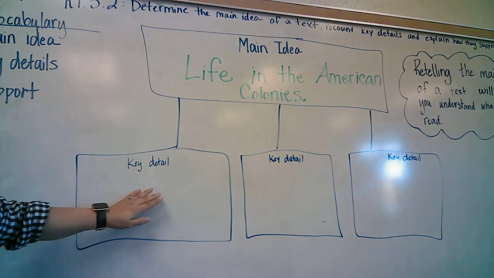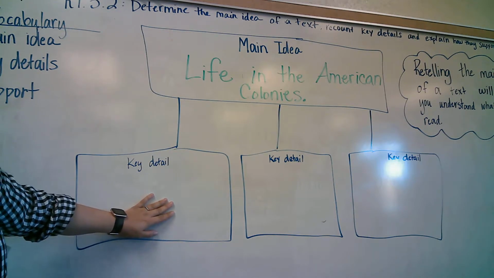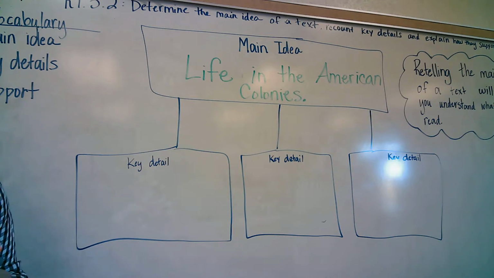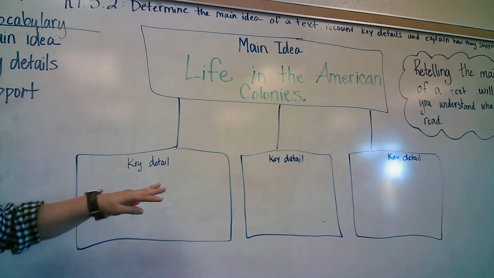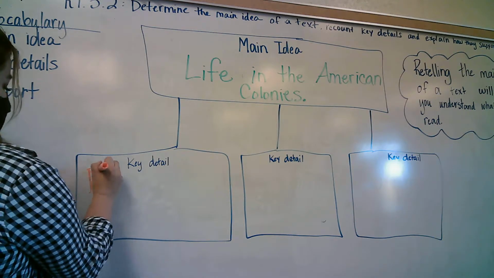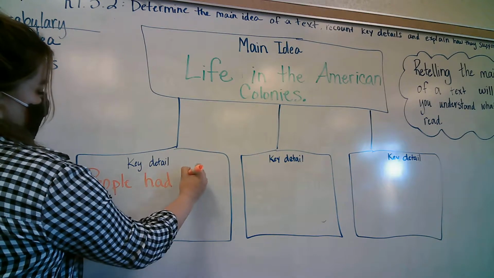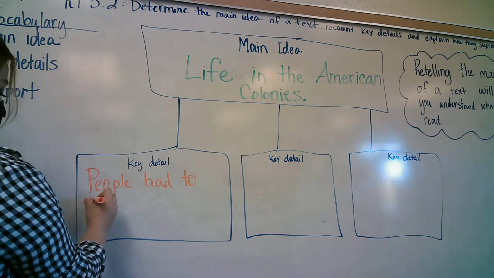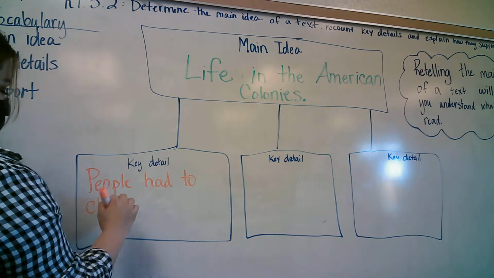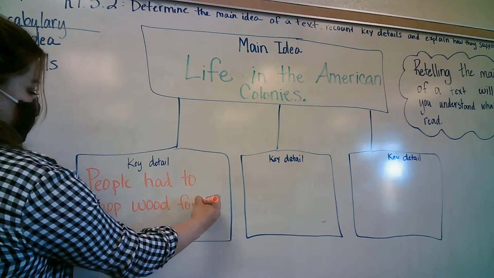So let's look at this first one. What is one detail from the text that we just read? Right, so we're just going to put in people had to chop wood for fuel. So people had to chop wood, and again I'll move out of the way in a second, wood for fuel.